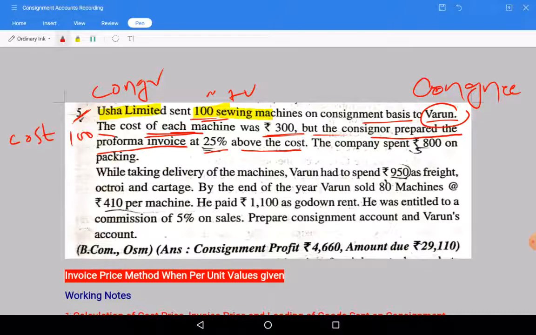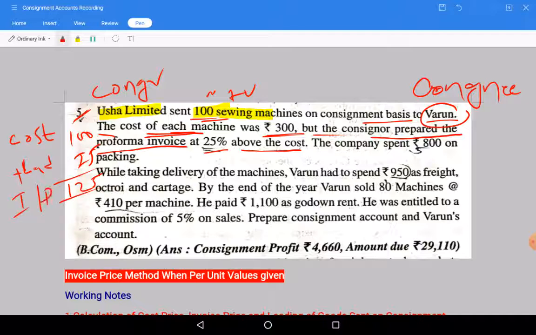I said in the earlier videos also, on cost, above cost, cost plus means cost will be 100, and loading or profit, loading is how much? Loading is 25. So 100 plus 25 will be 125. That is your cost plus loading, the invoice price.